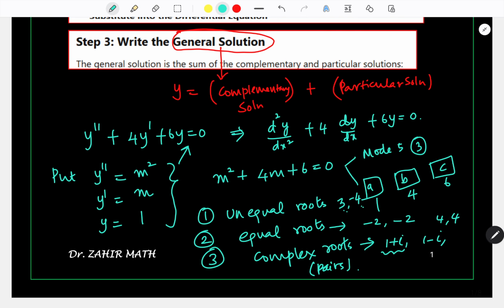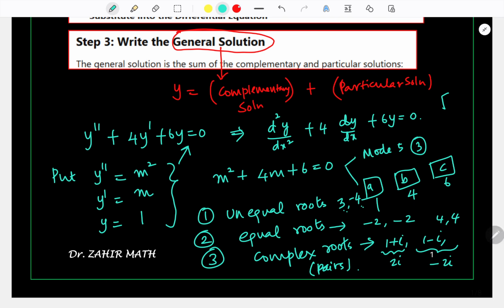If 1 plus i is a root, definitely 1 minus i will be a root. Suppose your calculator gives 2i, definitely minus 2i is also another root. That's why we say complex roots always occur in pairs. Not only complex roots, irrational roots also occur in pairs.